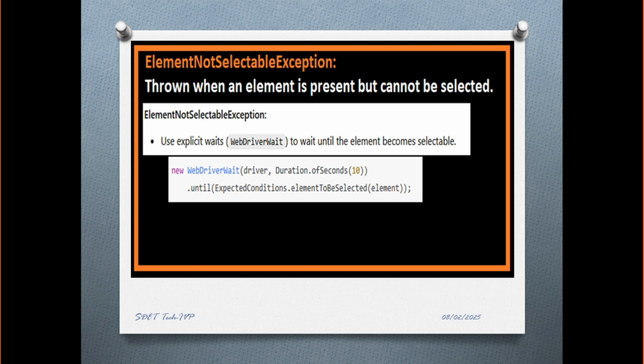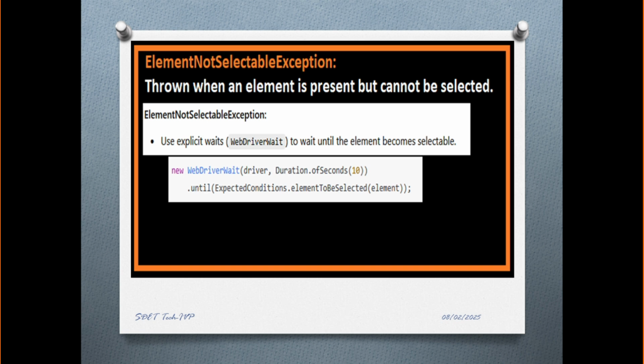At that time you are getting this type of exception because you are selecting a value from the drop down. So in that case you have to increase your time, and you can also use explicit wait here to handle this situation.